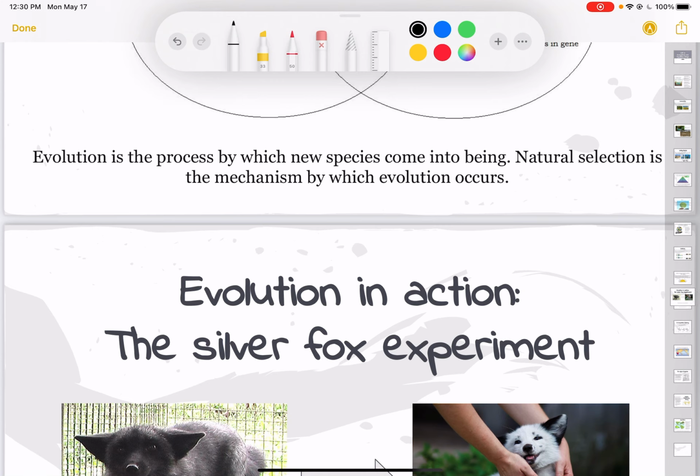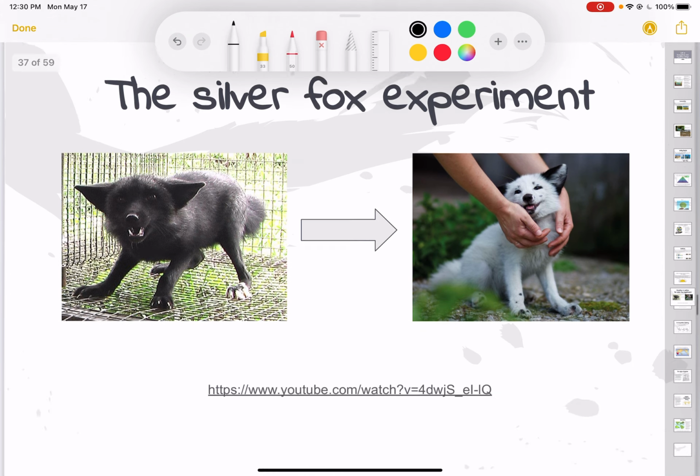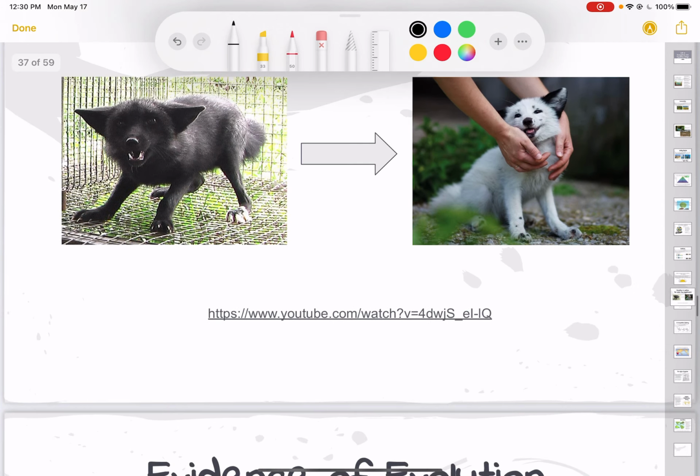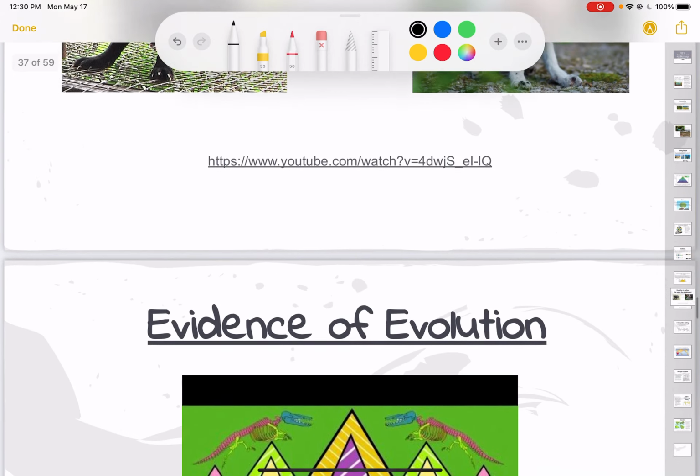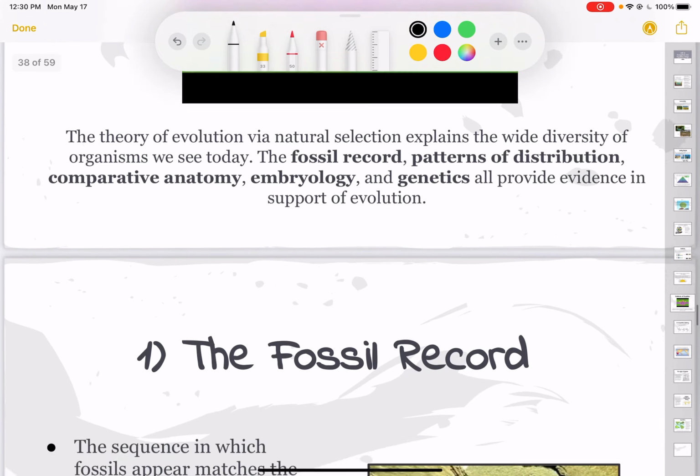So speciation is a process by which new species come into being. Natural selection is the mechanism by which evolution occurs. Okay, so evolution in action, the Silver Fox experiment, I will post that on the Google Classroom, as well as this evidence of evolution video.